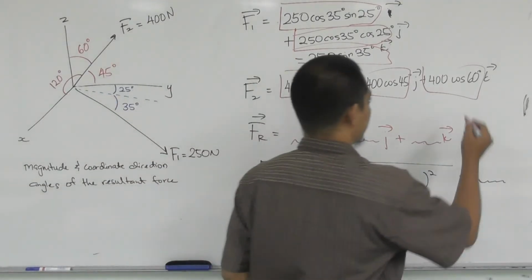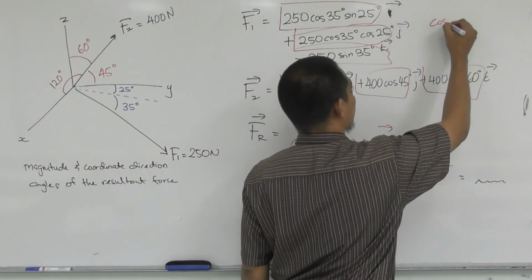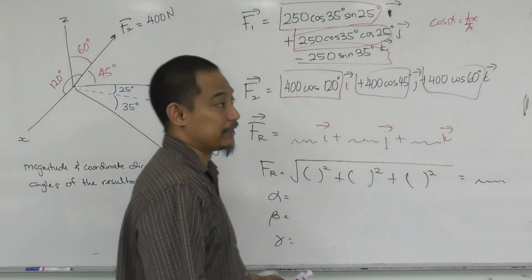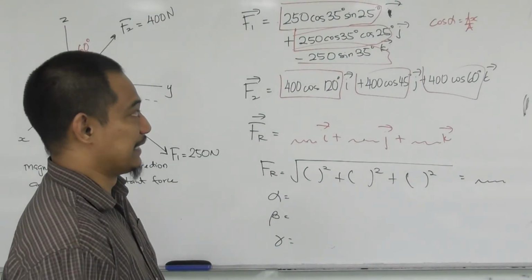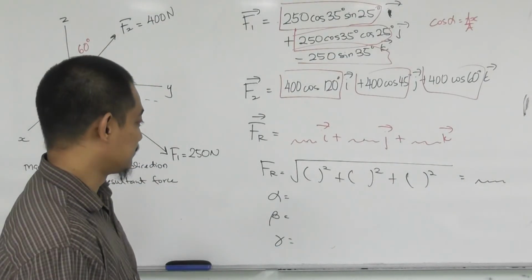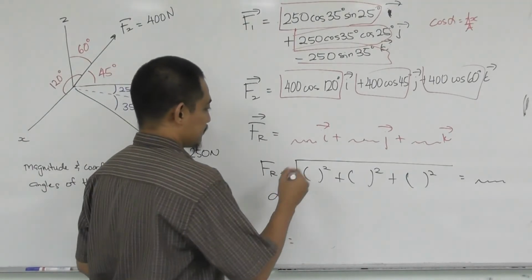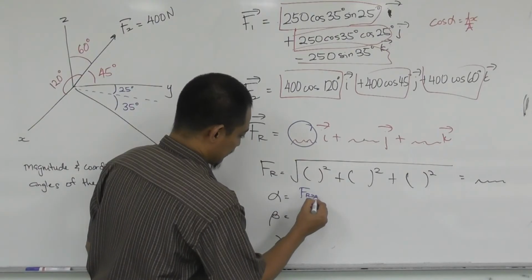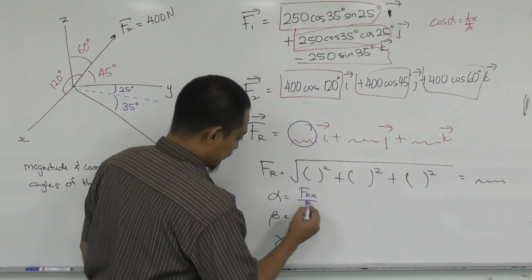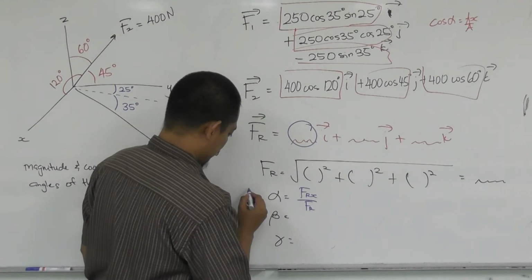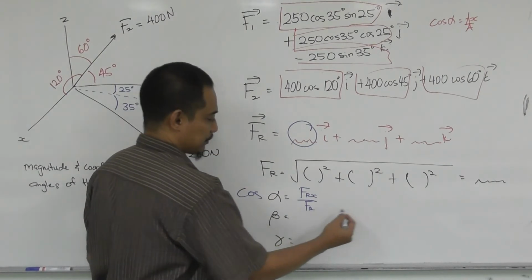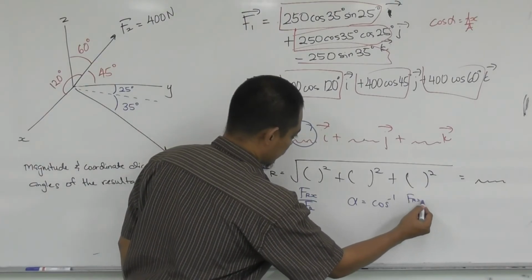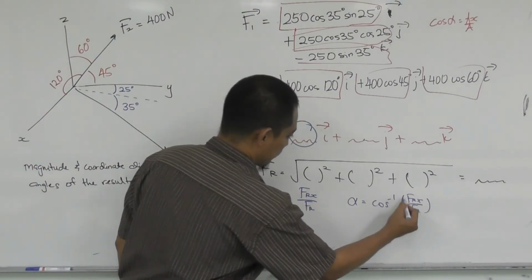Like cos alpha is Ax over A, right? So Ax is A cos alpha, something like that, right? So basically here, what is here, which is Fx divided by that one, FR, cos alpha is this one, meaning that alpha is cos^-1 of Fx over FR.